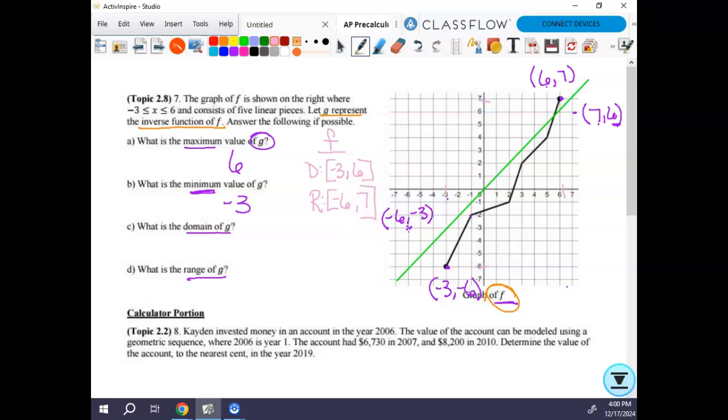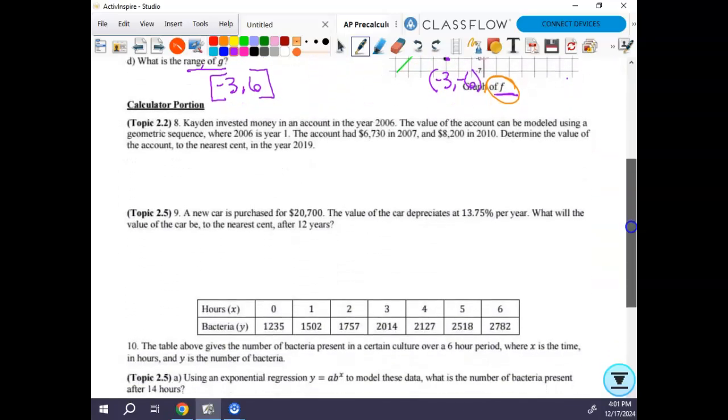So when I talk about the inverse over here, the domain is this range, so -6, 7, and the range comes from the domain, -3, 6. Okay? Alrighty.